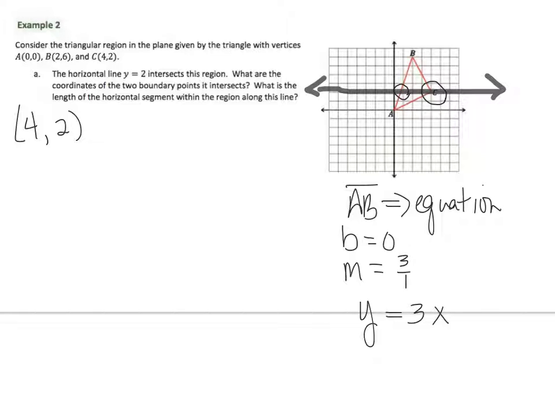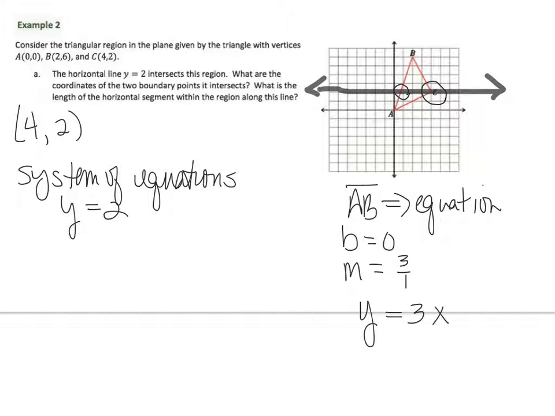So my system of equations is y equals 2 and y equals 3x. I'm going to set those equal to each other and solve for x. 2 equals 3x. Divide both sides by 3. X equals 2/3.